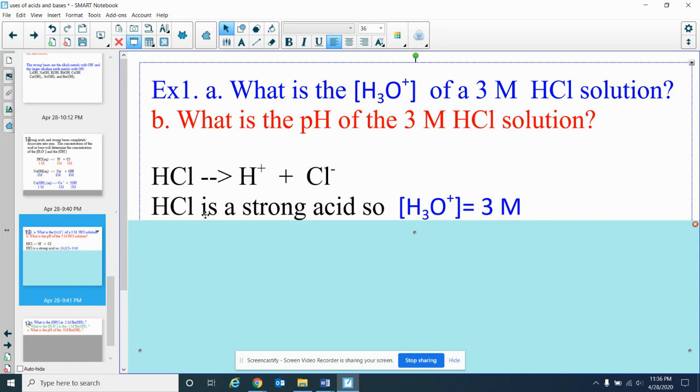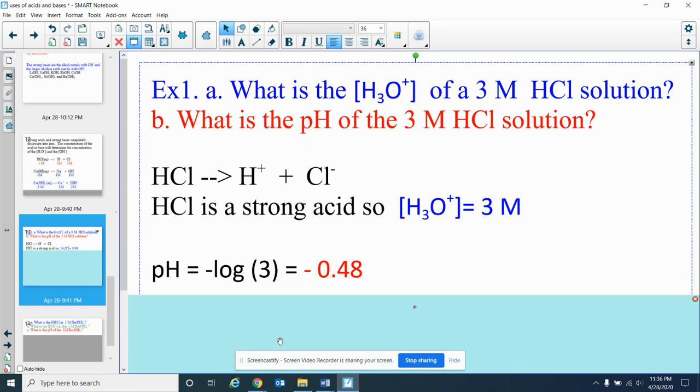So if the HCl is 3 molar, then the H plus or H3O plus is also 3 molar because HCl is a strong acid. And so to calculate the pH, it would be minus the log of 3. Remember, in the other video, we talked about how the pH equation is minus the log of the H3O plus.